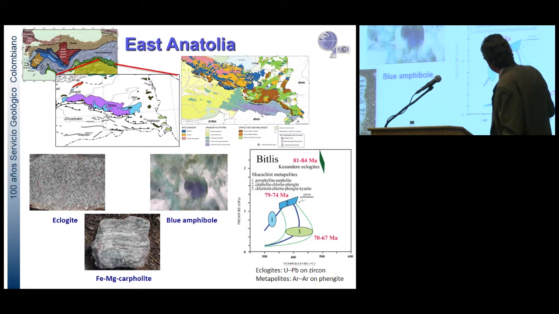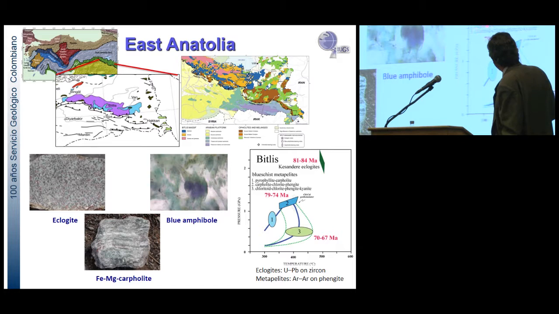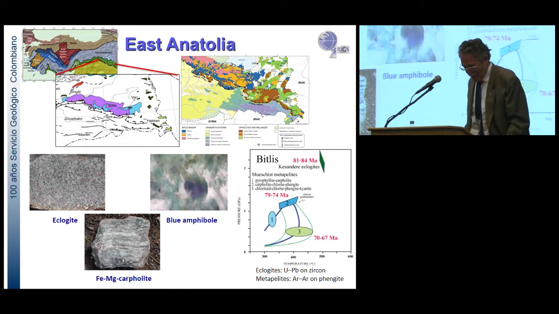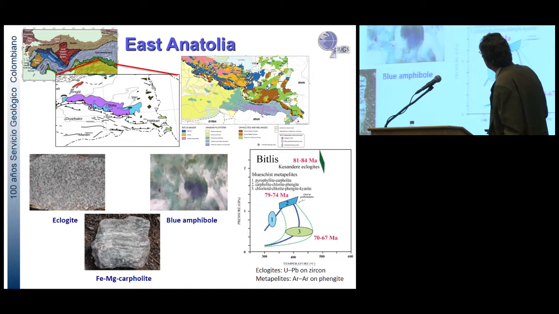We have different parageneses: paragonite, phyllite, carpholite, it's down here. There's nothing to be dated here. But then we have carpholite, chloritoid, phengite number 2, and chlorite phengite and chloritoid phengite, and we were able to date them. So we can really produce PT paths, and we can show that this area is full of low-grade, high-pressure rocks and eclogites.